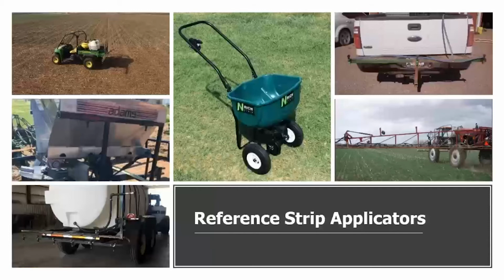And then they're not worried about having to get those applied, because it's going to be applied whenever they make that pre-plant application. They're also mapped, so they know where those reference strips are within that field. So there's a lot of different options out there to get these out. And like I mentioned, we're going to work with you to figure out the best way to get those out in your fields.